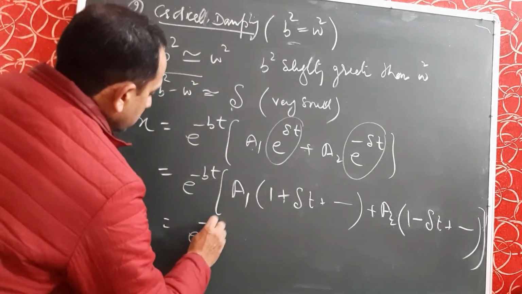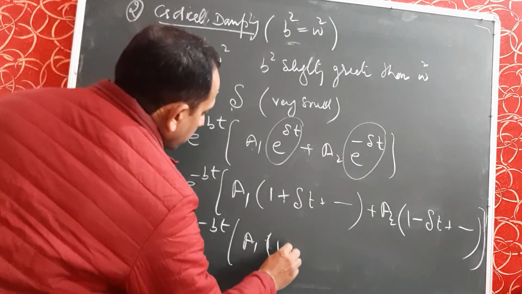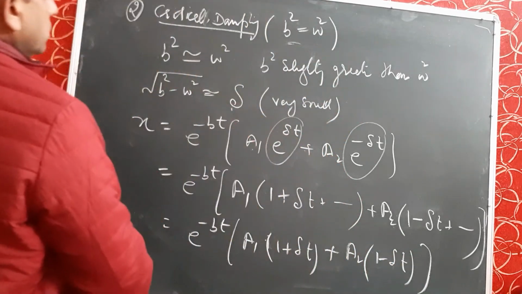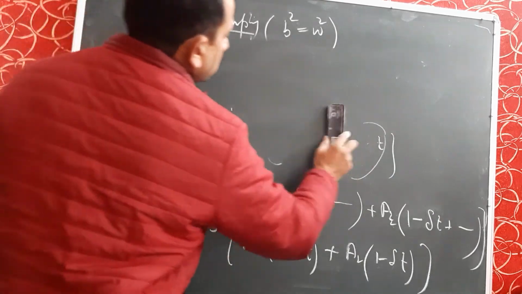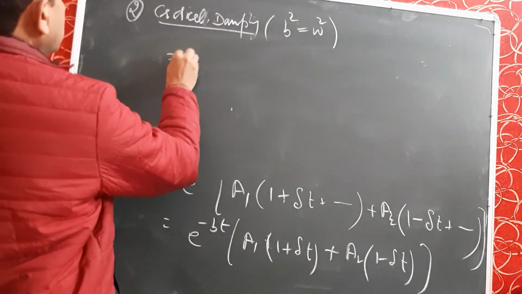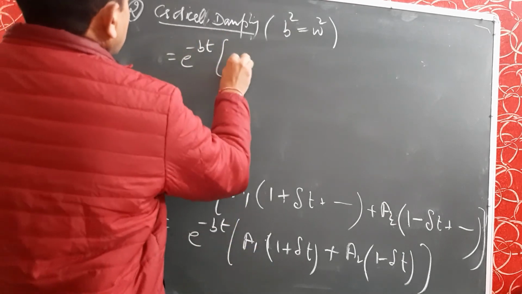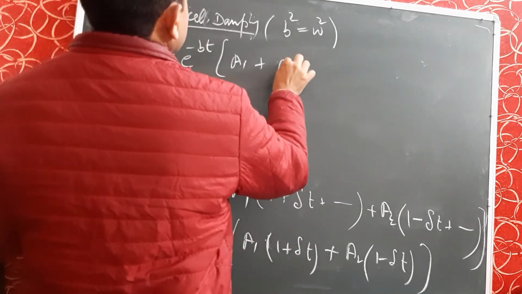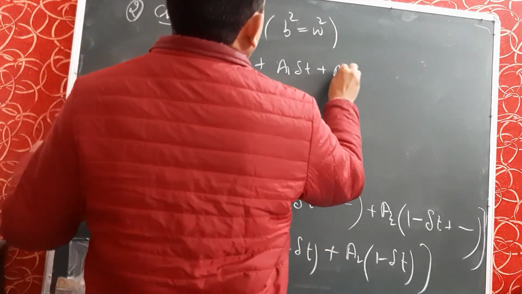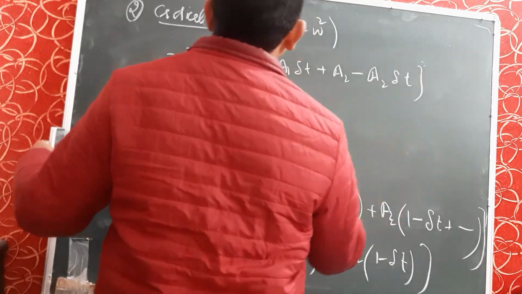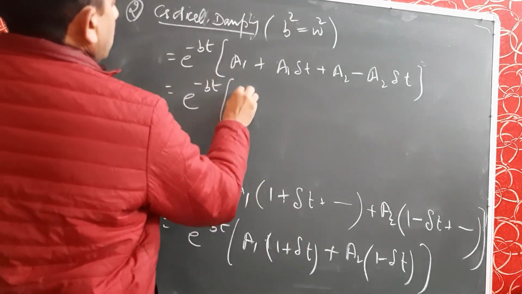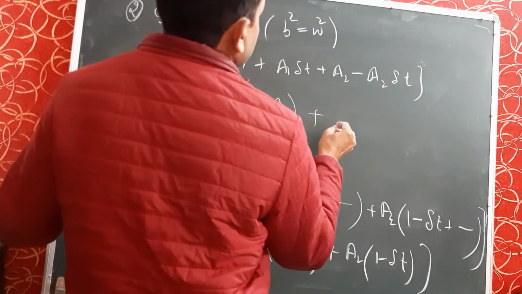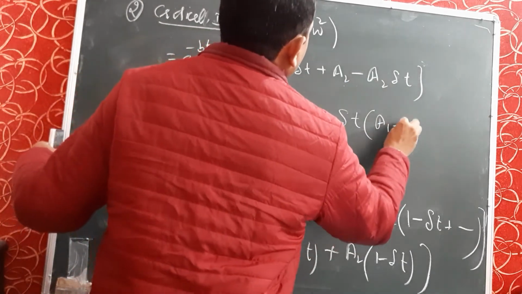So e power minus bt into a1 times 1 plus delta t plus a2 times 1 minus delta t, and finally we get e power minus bt into a1 plus a1 delta t plus a2 minus a2 delta t, which may be written as a1 plus a2, these constants, plus delta t common, into a1 minus a2.